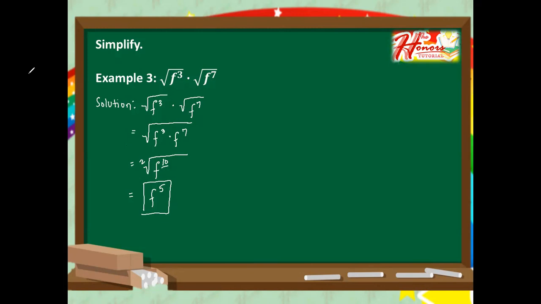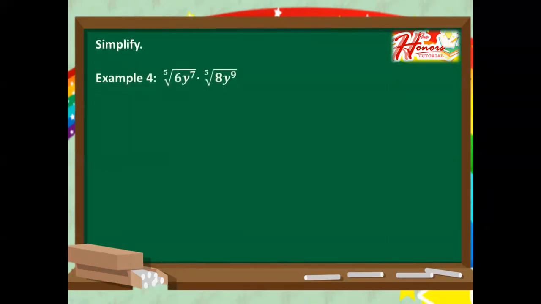How about the other example? For example number 4, we still have the same index here, so we can just multiply it directly. Let me show it to you. Let's copy first the given.